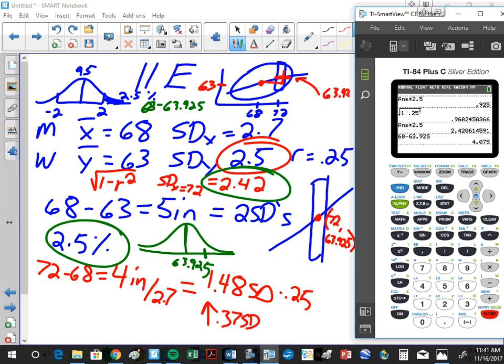Now I need a z-score. Divide it by the new SD of 2.42. So what does that tell me? That's the z-score, so I need to shade norm 1.68 to 5.